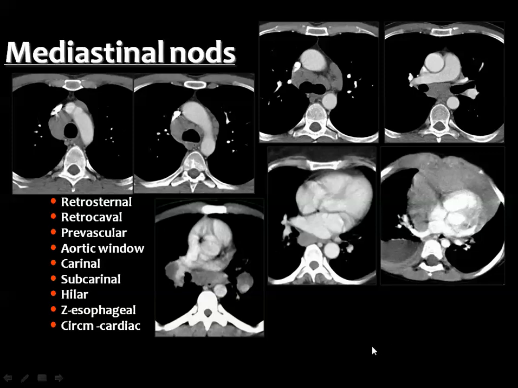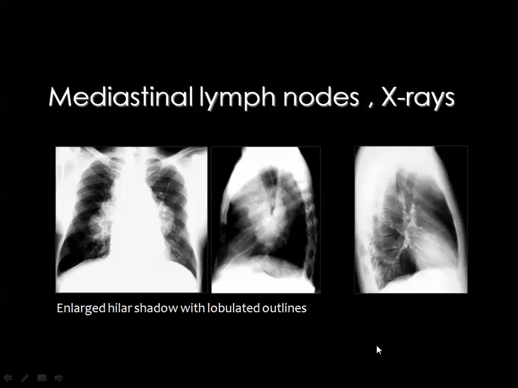And the plain X-ray can show some of the nodes, especially in the chest. We used to look at enlarged hilar shadows as either representing enlarged lymph nodes or prominent vessels.